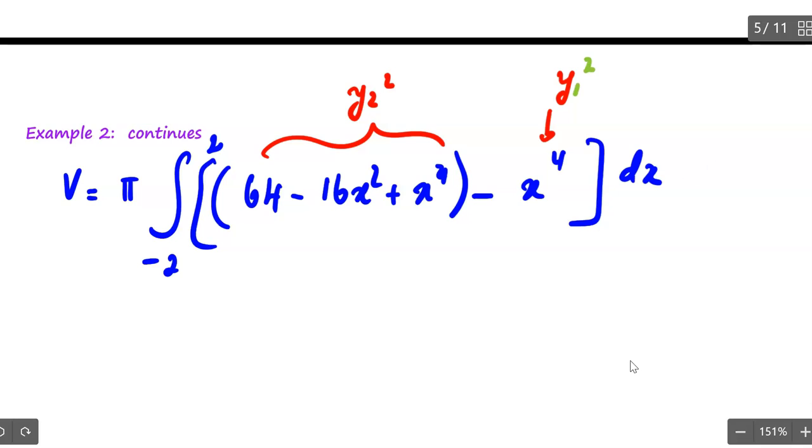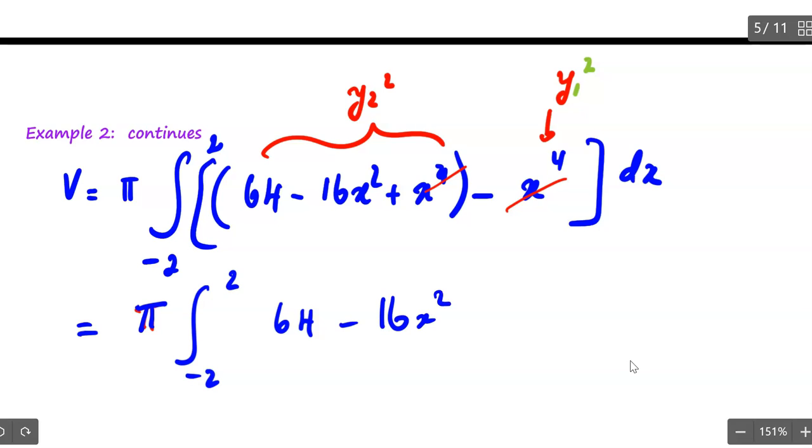Okay, so now you see that you can open up the brackets, and that is cancelled with that. So what you have is now pi multiplied by the integral from negative 2 to 2 of 64 minus 16x squared dx.